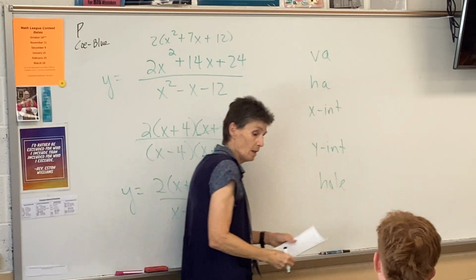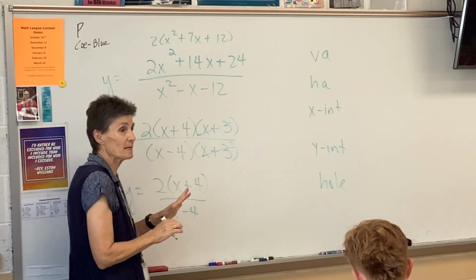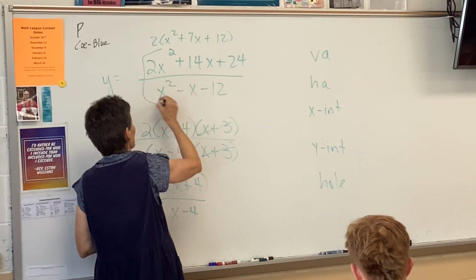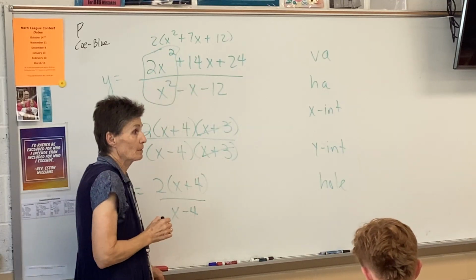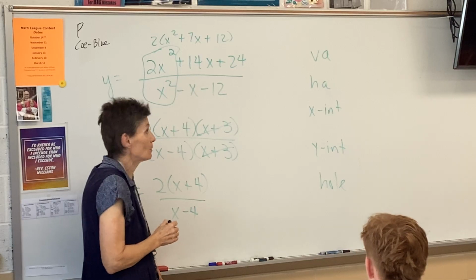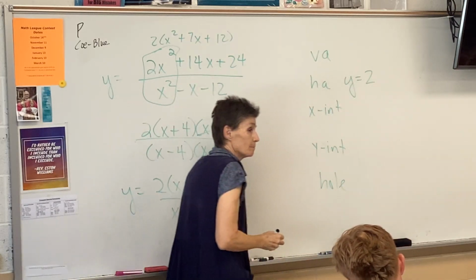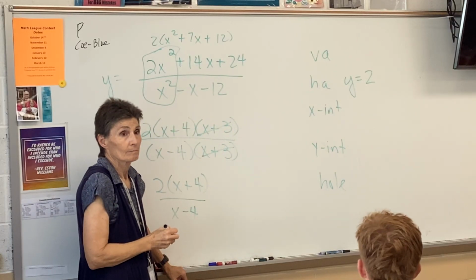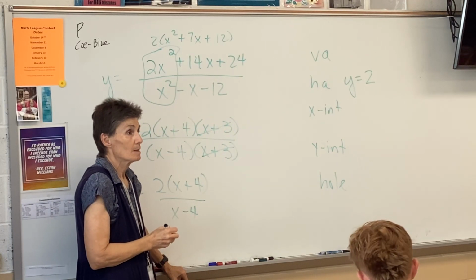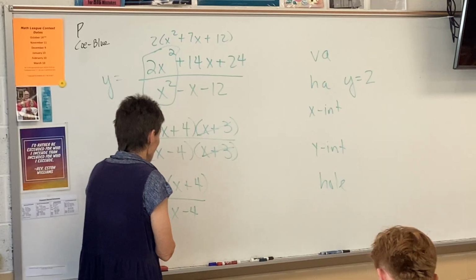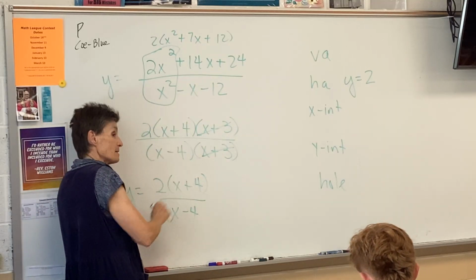All right, now lots of things right from the get-go. See this right here? What does that tell me? My horizontal asymptote is y equals 2. Okay? Now, let's look at what's left after we do all this canceling here.